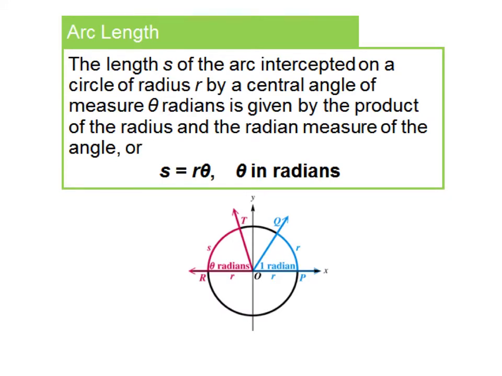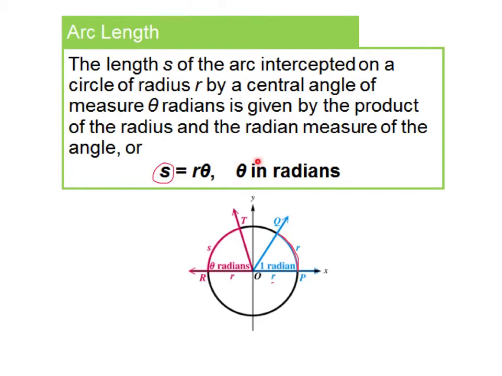Tying in with radians is this idea of arc length. This distance that's measured along the edge of the circle is called an arc. An arc length is represented by an S. What we want to do is take the radius of our circle and multiply it by how many radians are around the circle.